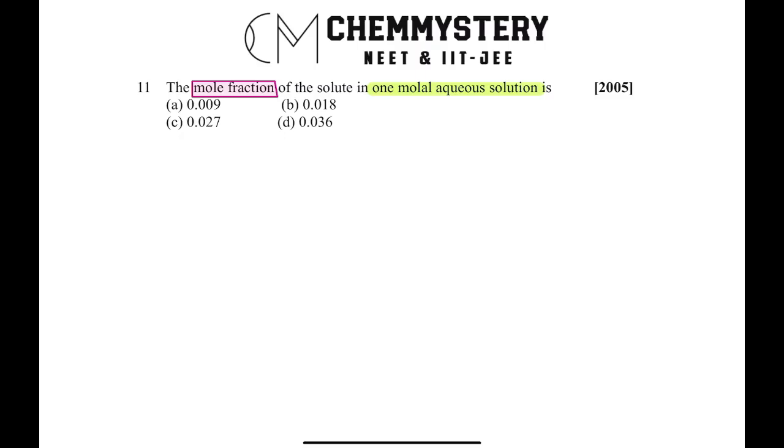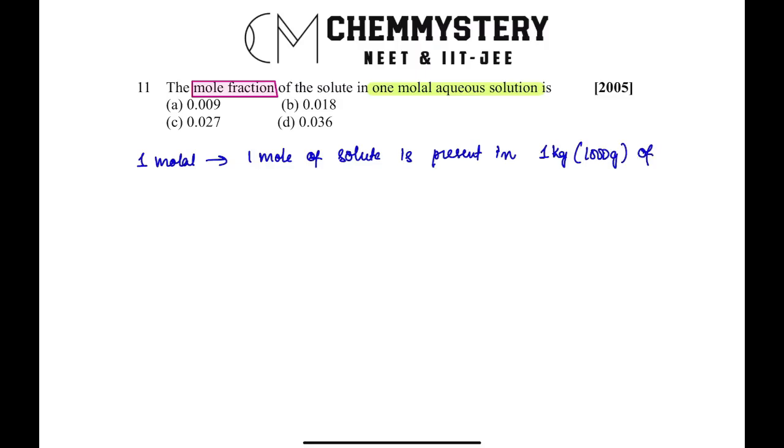What is the meaning of 1 molar? 1 molar means 1 mole of solute is present in, for molality it is 1 kg, so 1 kg or 1000 gram of solvent. Aqueous solution means what is the solvent? Water is the solvent, right?